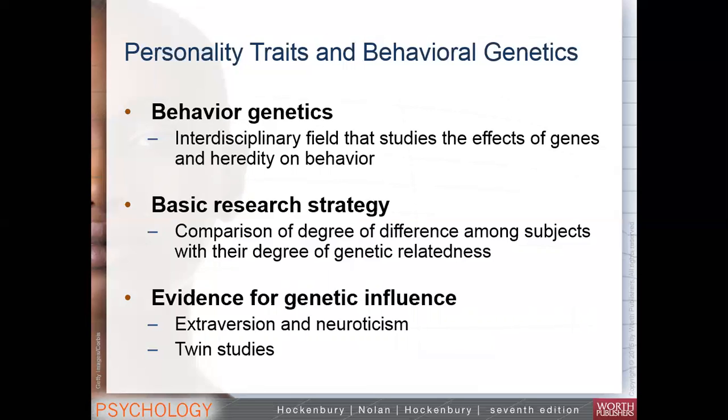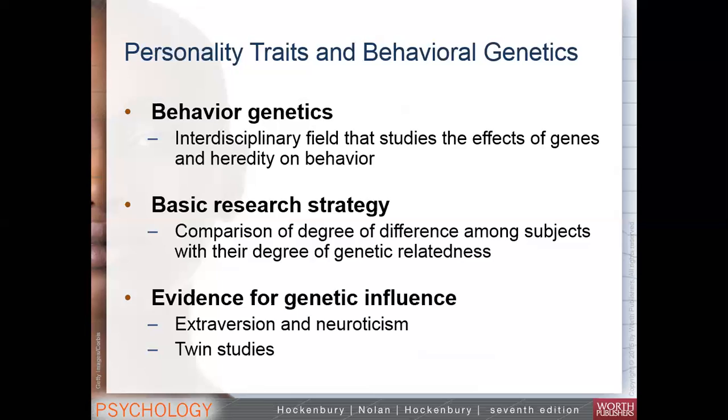So again, these twin studies show that these three factors are not quite as influenced by genetics as the other two.